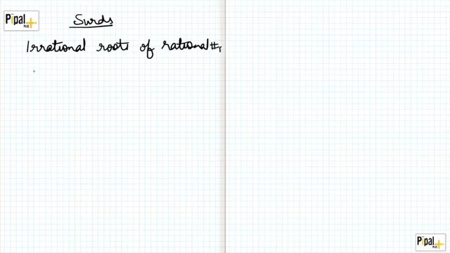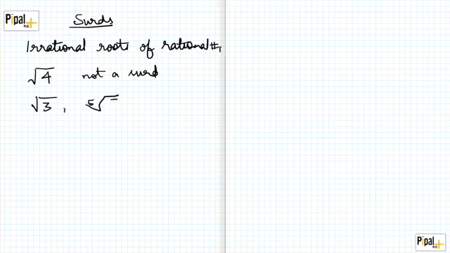So if somebody tells me root 4, root 4 is not a surd. But root 3, fifth root of 5, seventh root of 2, they are all surds because they are not rational.